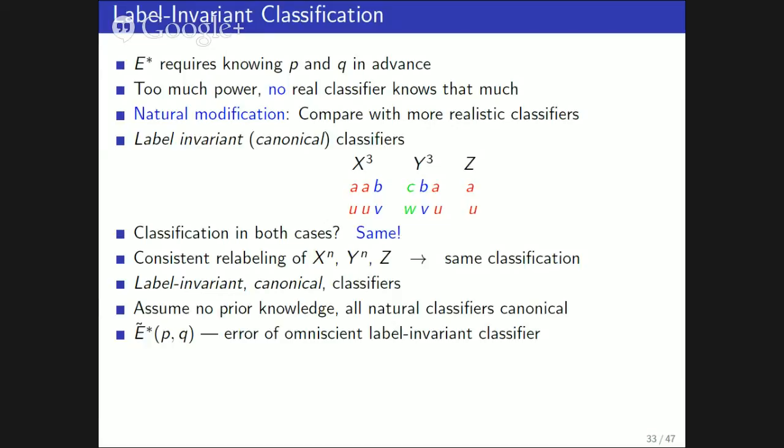So the classifier, omniscient as before, could look at the value of Z and say if Z is A, then I'm going to assign to P. If Z is B, I'm going to assign Q, and so on. Now we're not allowing that, because if you have not seen it before, it has to be the same rule.